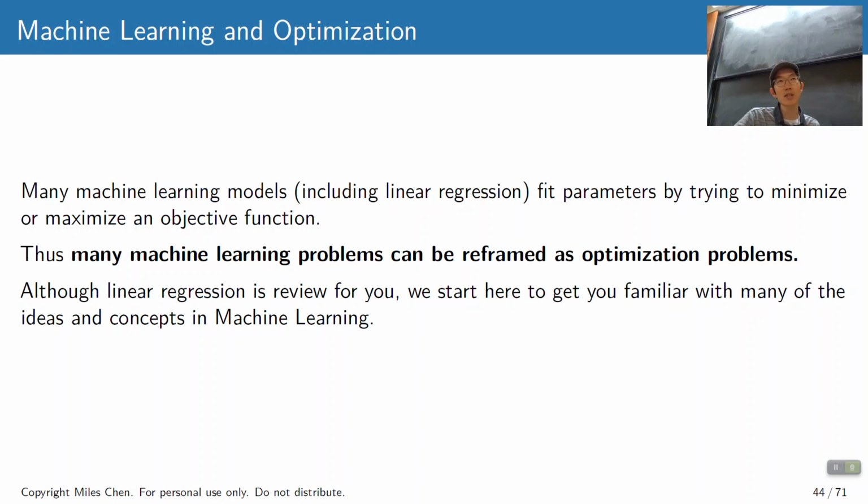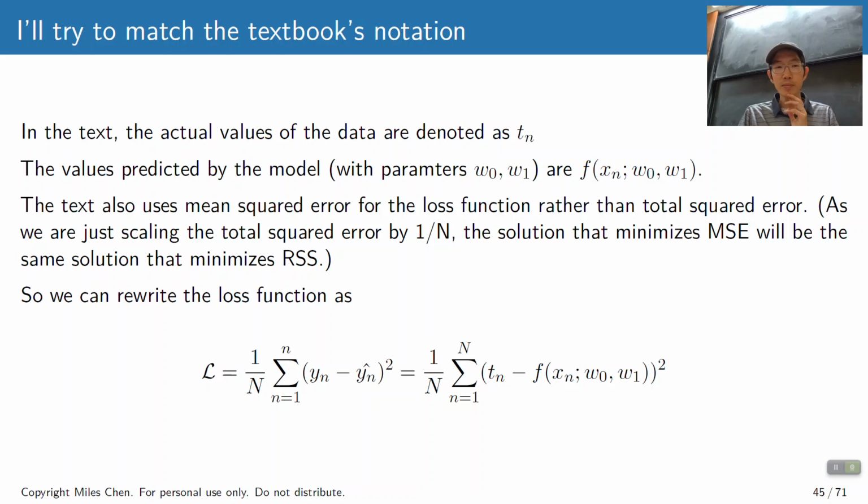This class is called Computation and Optimization for Statistics, and a lot of our machine learning material is some form of optimization. Even though linear regression is review for you, we're going to start here so you can get familiar with the ideas and concepts in machine learning.